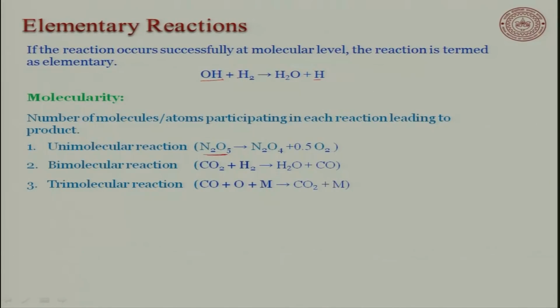So, therefore, molecularity will be 2. So, can I have an elementary reaction where molecularity will be 5 or 4, right. Generally it is not true. Generally for an elementary reaction molecularity will always be less than or equal to 3, okay. Beyond that it is not possible for an elementary reaction.